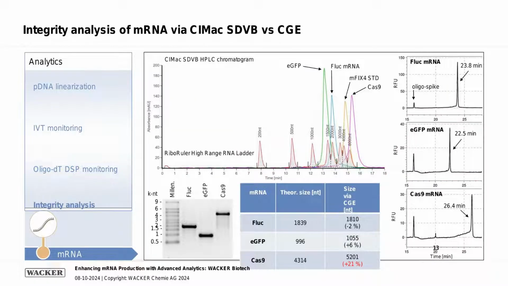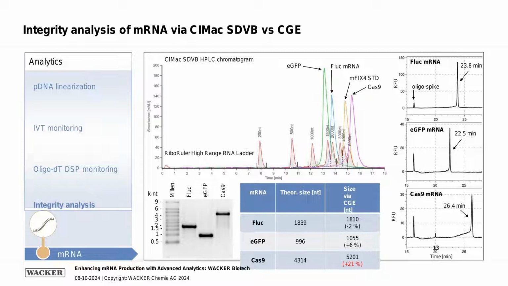All right. Then last but not least, we also use SDVB chromatography to analyze our mRNAs. SDVB is an ion pair reverse phase chromatography. First of all, I would like to show that you're capable of separating your RNA by size with this method.